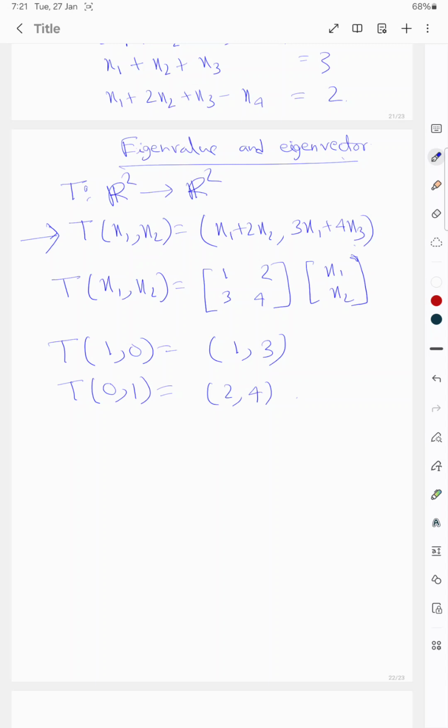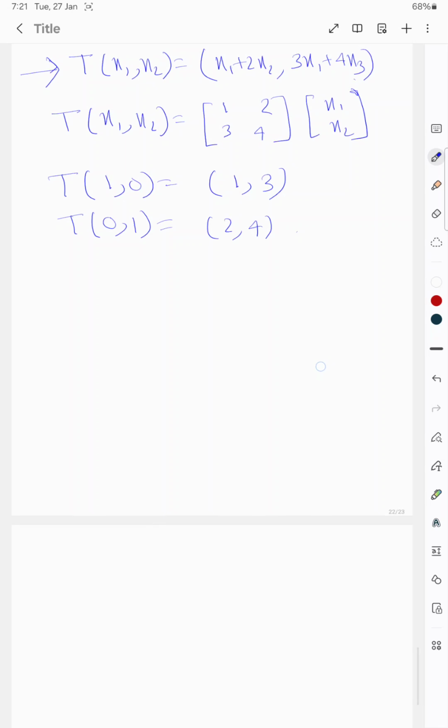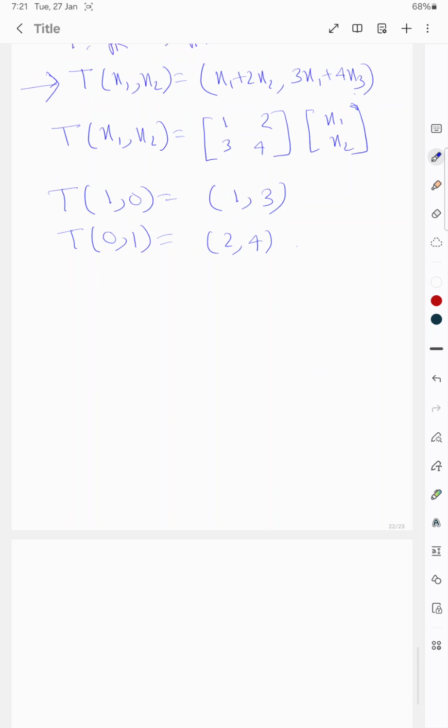Basically this type of mapping is called a linear transformation. So I am writing why this is called a linear map, the definition.